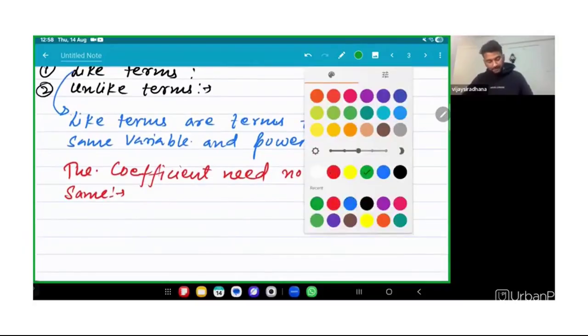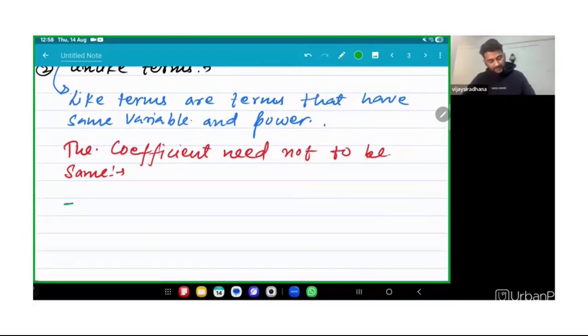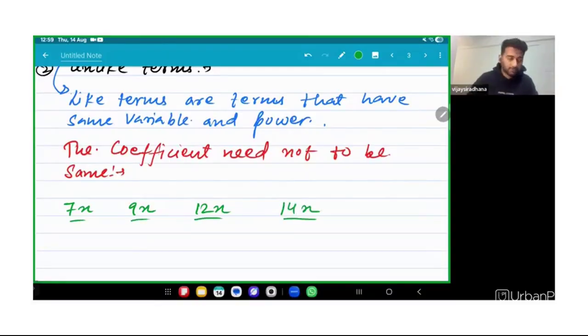So for example, now I'll be giving 7x, 9x, 12x, 14x. Now these 4 terms, you will see that they are the same variable x, x, x, x. And there is only a single power, which is power of 1 in each.